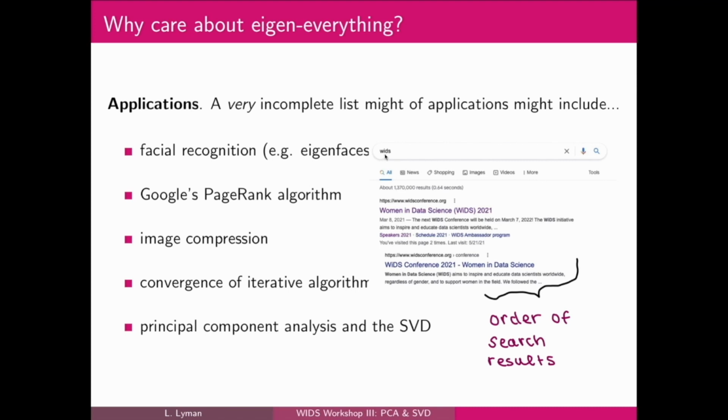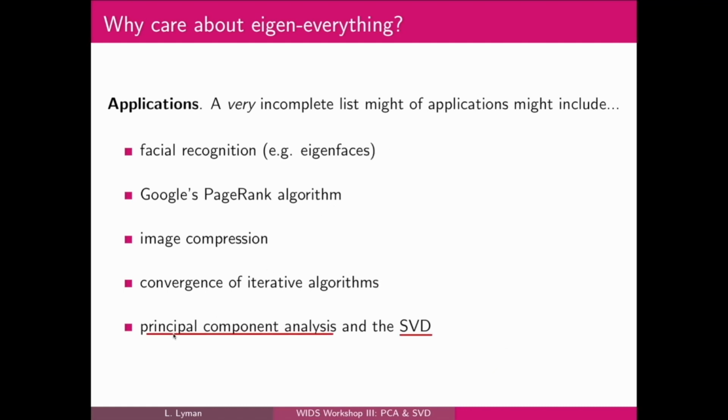As another example, the order in which your search results appear in Google is determined by computing an eigenvector. At least, originally it was in Google's PageRank algorithm. And of course, for the method that catapulted us into this discussion in the first place, eigenvectors and values are at the heart of principal component analysis.